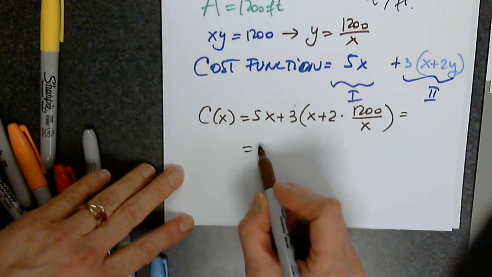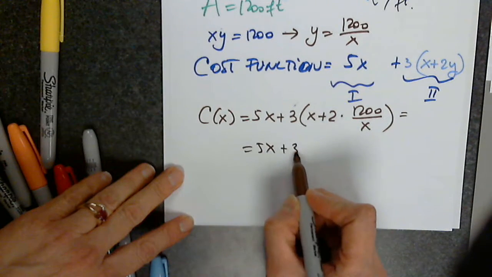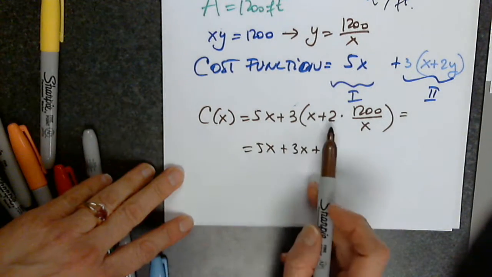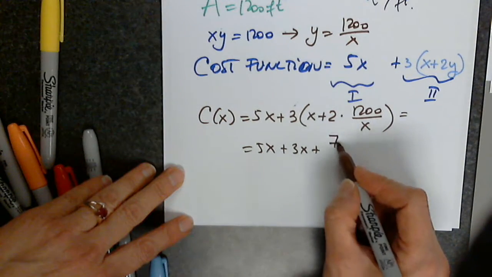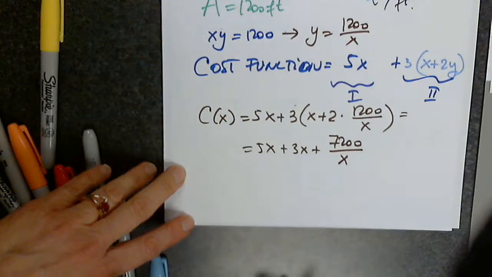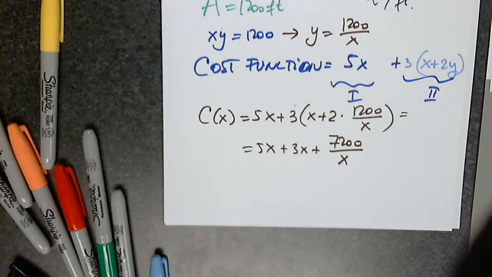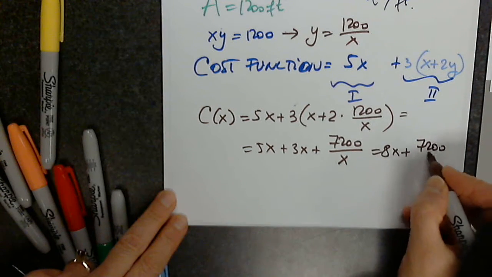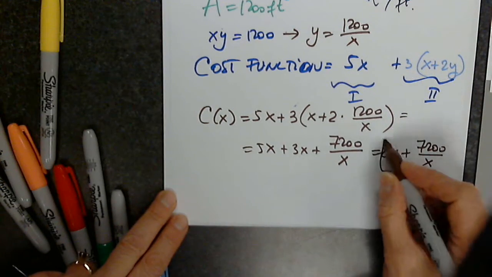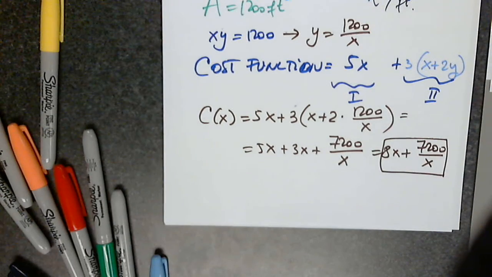So I will distribute 5X plus 3X plus 3 times 2 is 6. 6 times 12 is 72. 7200 over X. Combine 8X plus 7200 over X. We created the function that represents the cost of the fencing of this garden.